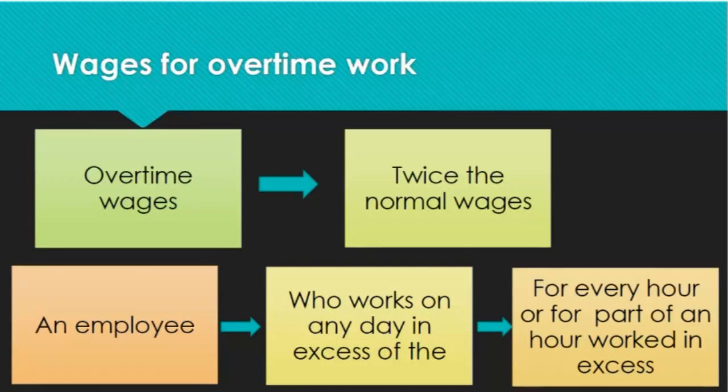It is not just fixation of minimum wages, but also fixing the normal working hours in a day and number of days in a month. And overtime rate will be paid if an employee is required to work more than the specified number of hours in a day and specified number of days in a month.